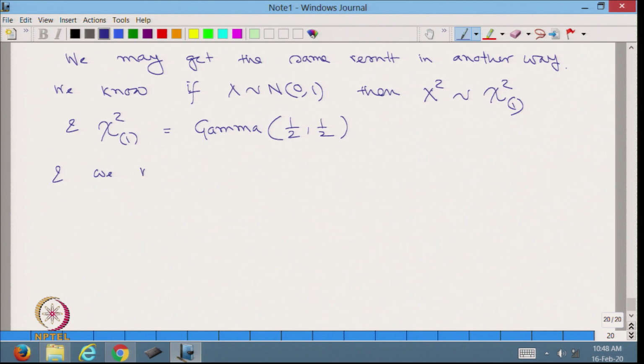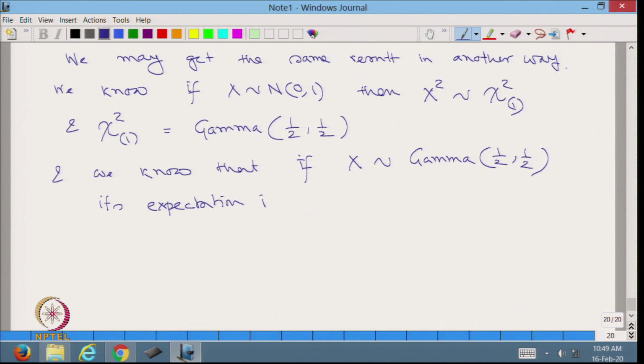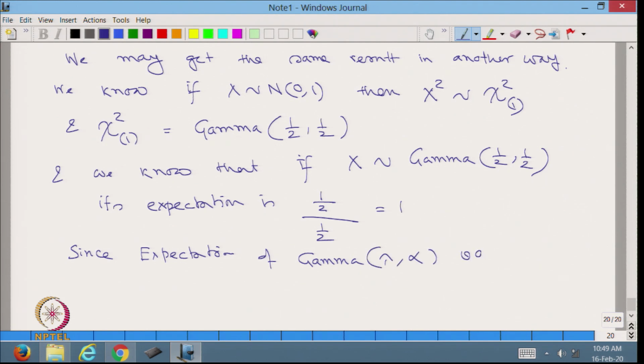And we know that if X is distributed as gamma(1/2, 1/2), its expectation is (1/2)/(1/2), which is equal to 1, since the expectation of a gamma(lambda, alpha) variable is alpha over lambda, that we have seen already.